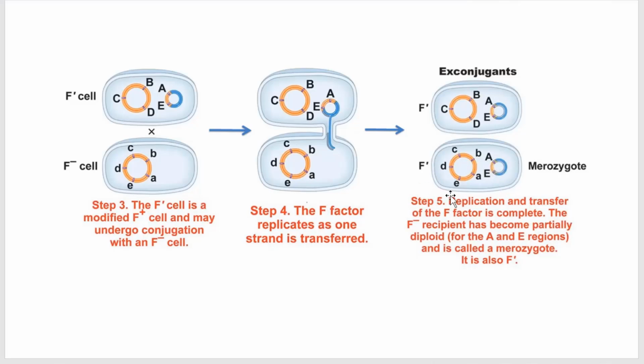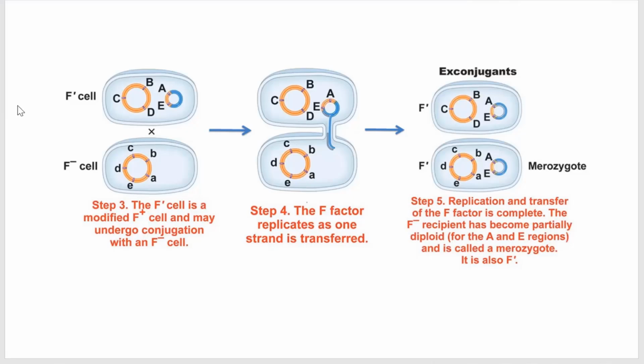So in this F prime cell, along with the F factor, it will have two copies of the A gene, in two different forms, capital A and small a, and E is also of two forms, capital E and small e. Because this bacterium has two forms of the same genes, it is partially diploid for these two genes only, and therefore it is called a merozygote.